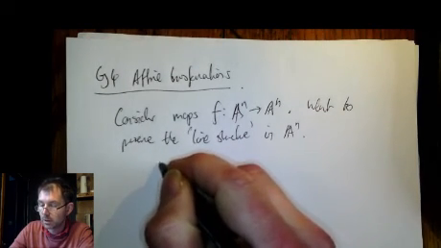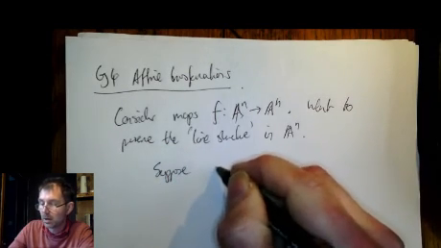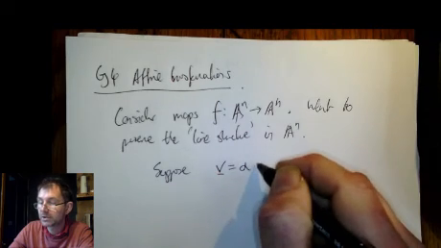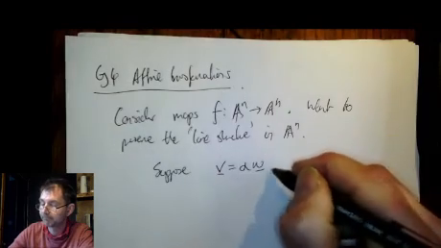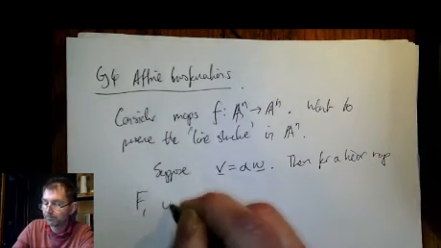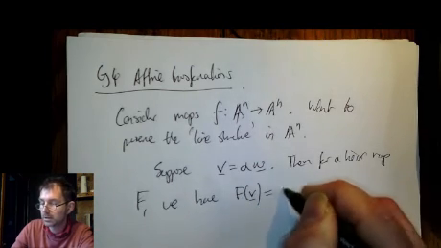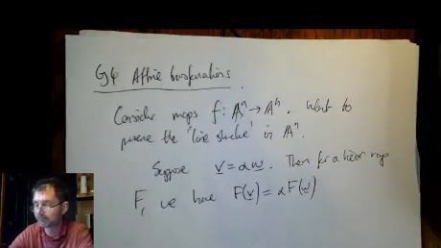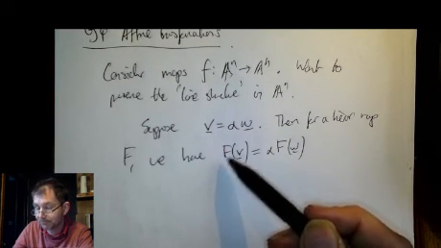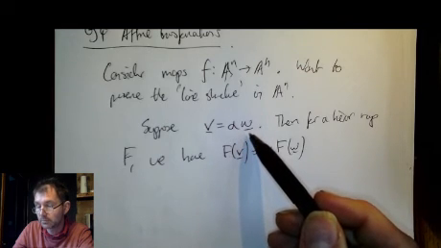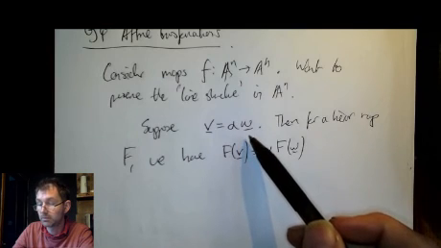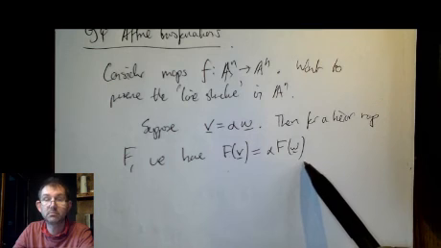I'm going to suppose V is a vector in affine n space or in Euclidean space, and that it's some multiple alpha of another vector W. Then for a linear map F, we have F of V is alpha F of W. So if you consider the line segment from 0 to V and the line segment from 0 to W, those are some multiple of each other in terms of the length, and whatever multiple they are, they get sent to the same multiple.